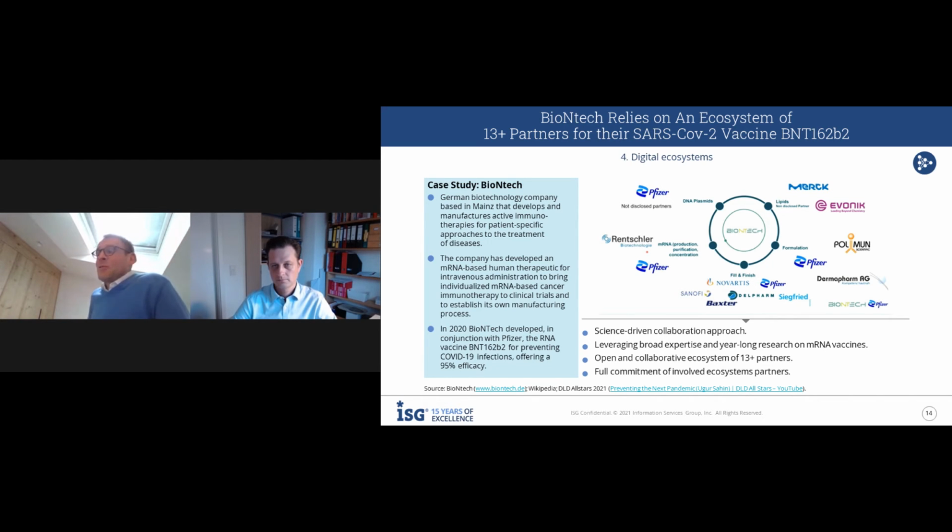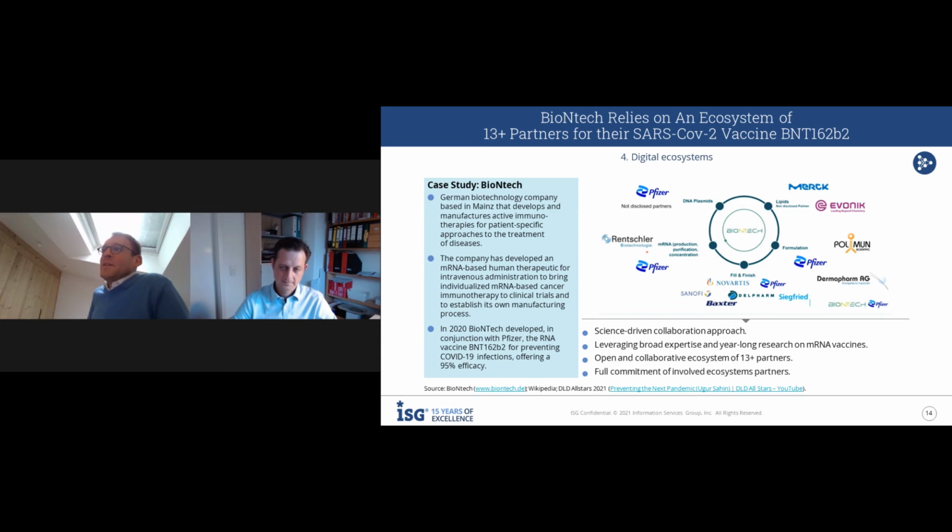Since Christian and myself are Germany-based, we are, of course, looking to the German startup BioNTech, which together with Pfizer took the first COVID-19 vaccine to the market, with an excellent reputation and also great test results we now see from Israel. I don't want to repeat this. The internet is full of this, and whoever has seen the DLD just a couple of weeks ago, there was also lots of media on this.